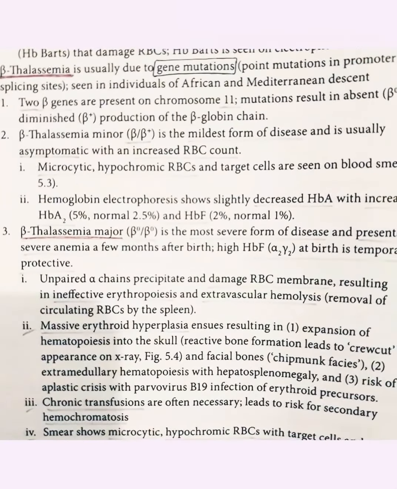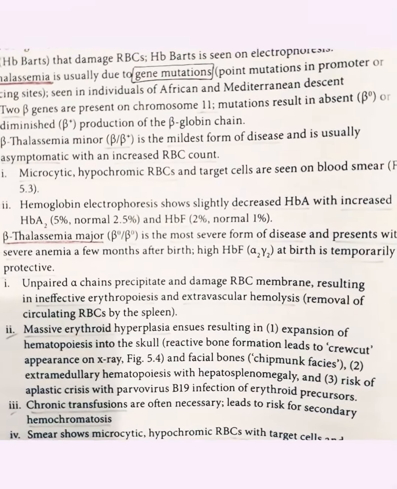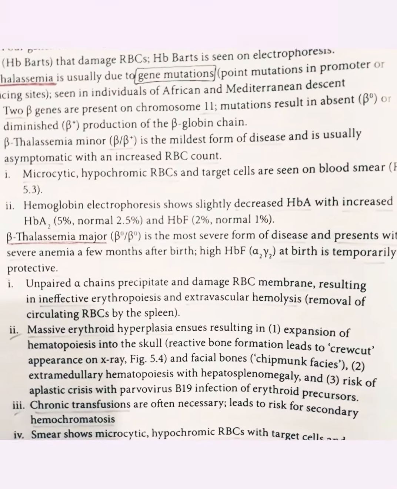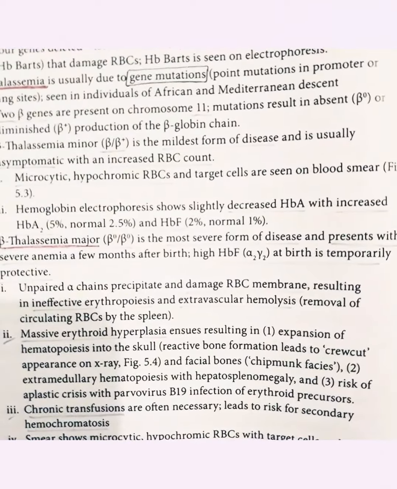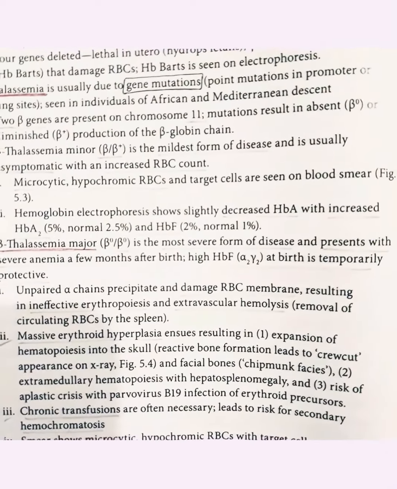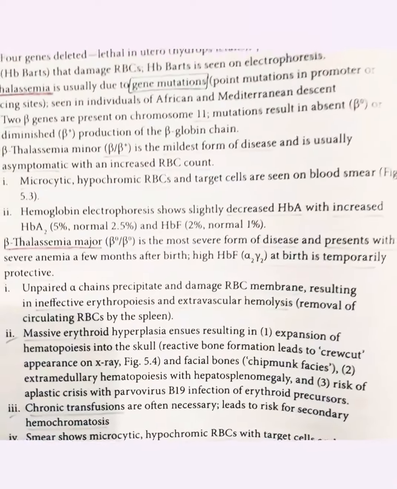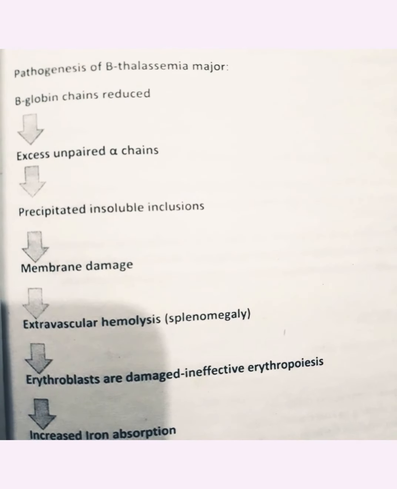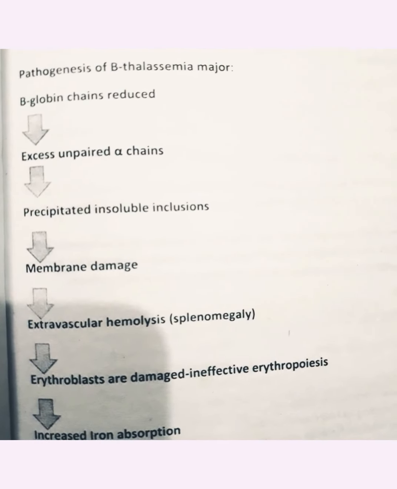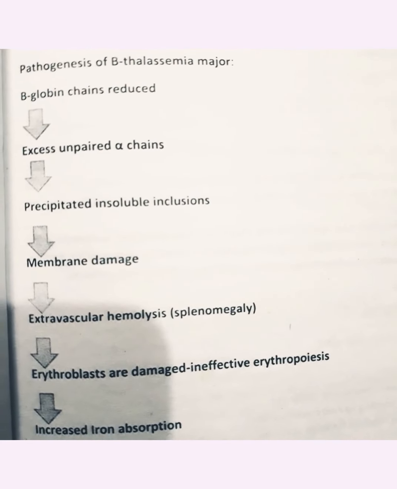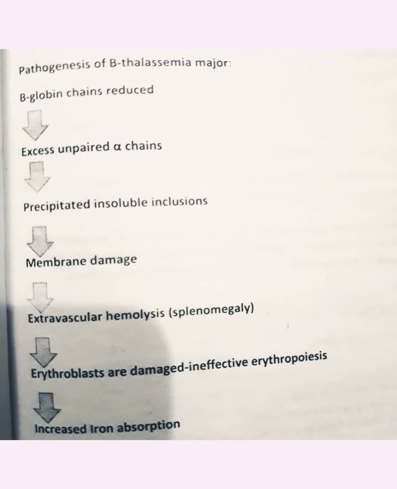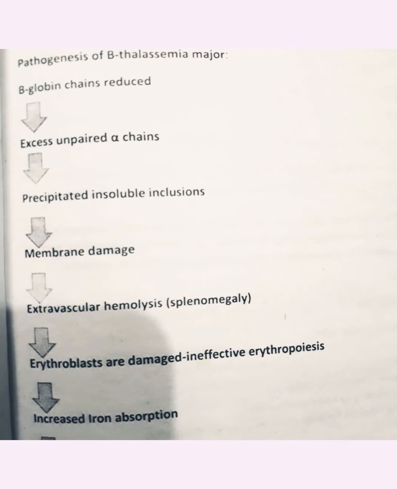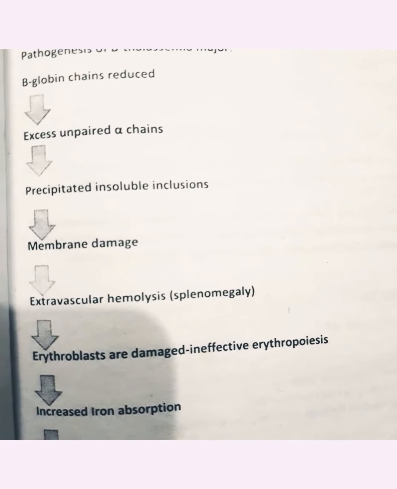Beta thalassemia major is the most severe form of disease and presents with severe anemia a few months after birth. High HbF at birth is temporarily protective. Pathogenesis of beta thalassemia major: beta globin chains are reduced. It will result in excess unpaired alpha chains, which precipitate and damage the membrane.